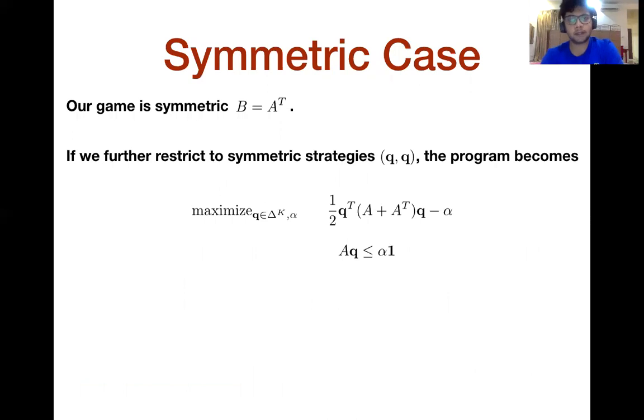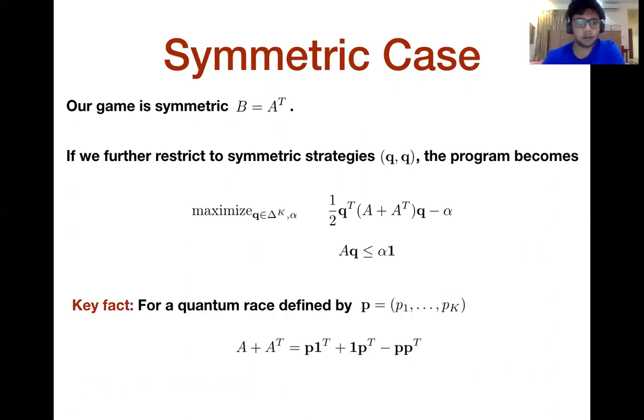So in our case, we are using a symmetric game, so B is equal to A transpose. And furthermore, since we are restricting ourselves to symmetric strategies Q and Q, the above program just simplifies to this form here.